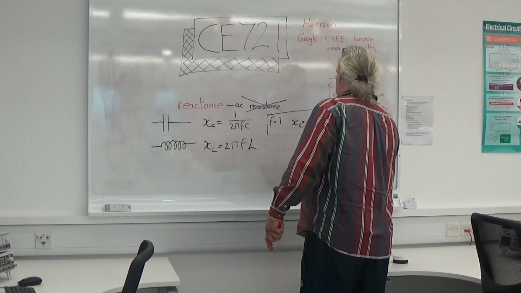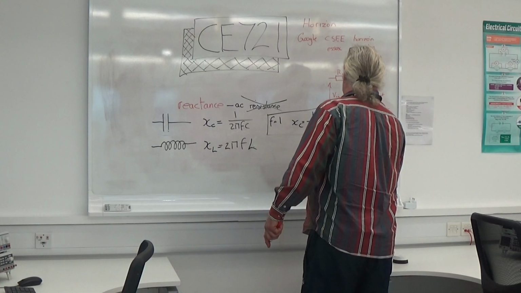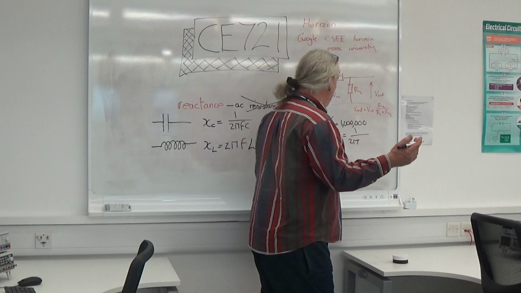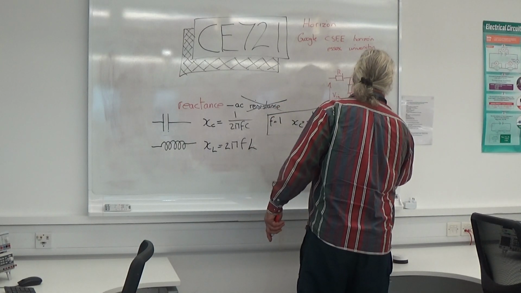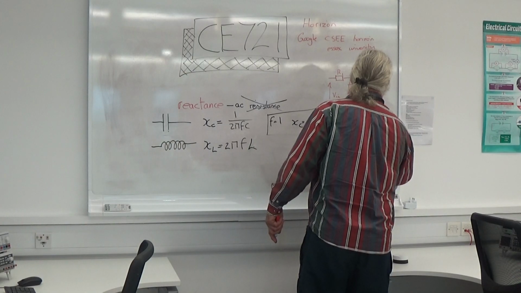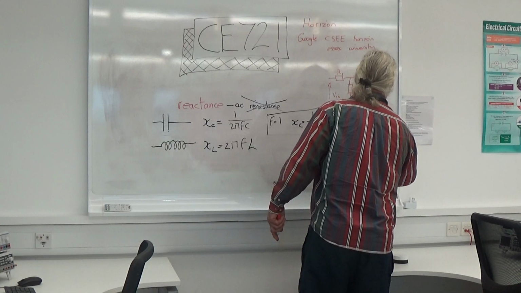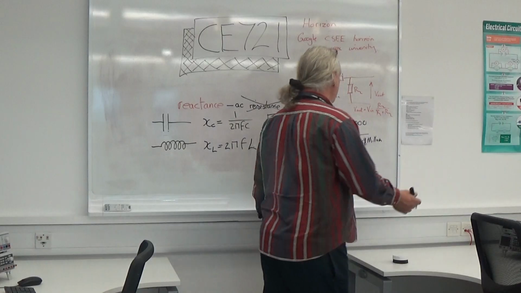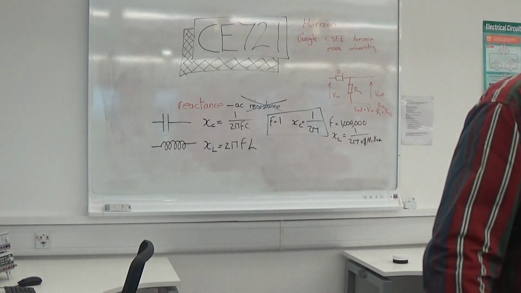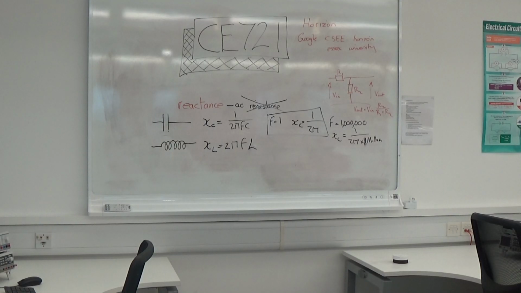Well, what do we have there? We have XC is equal to 1 upon 2 pi times 1,000,000. Remember our C is 1. Well, 1,000,000 times 2 pi is a pretty big number. It's 2 pi millions. What's 1 divided by 2 pi millions?